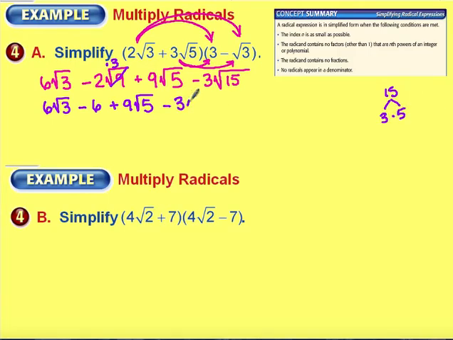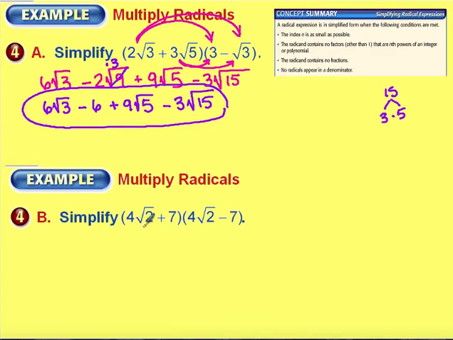So the square root of 15 will also not simplify. So when I get down to this process, I see I have 6 square roots of 3 minus 6 plus 9 square roots of 5 minus 3 square roots of 15. And since none of my radicals are the same, after I've simplified all of them, then I am done. This is my most simplified version of my expression.